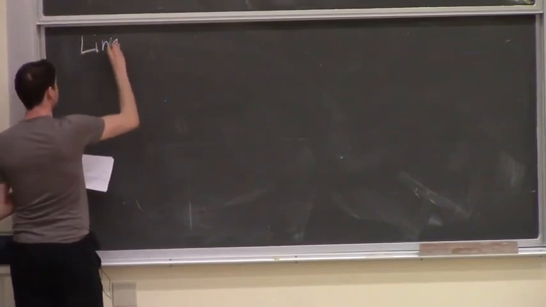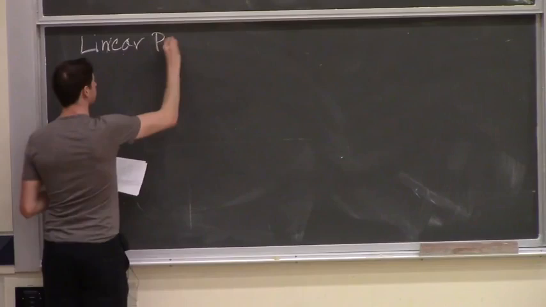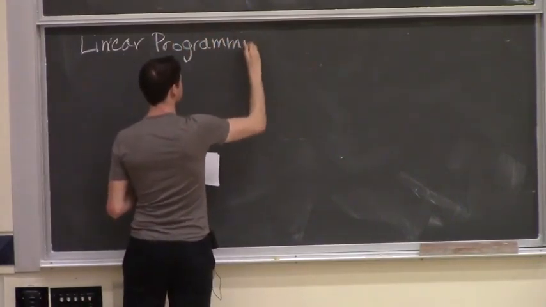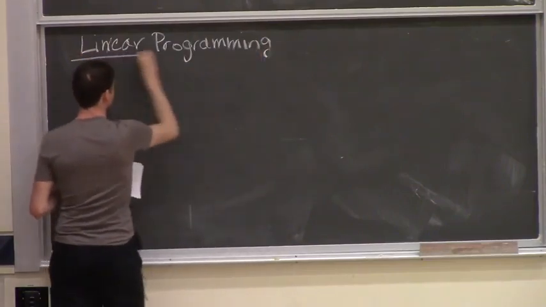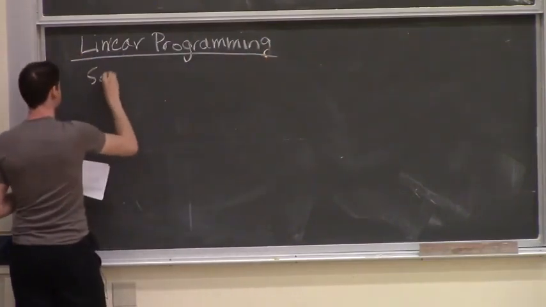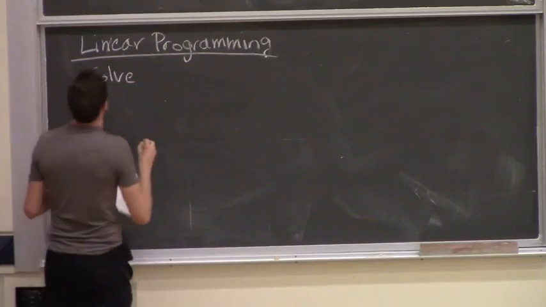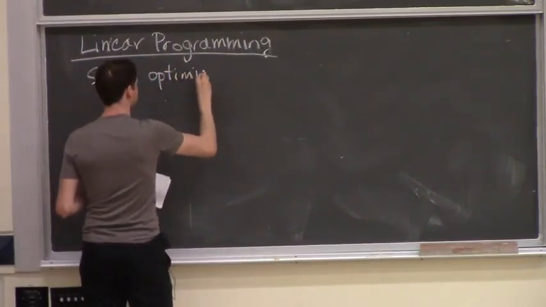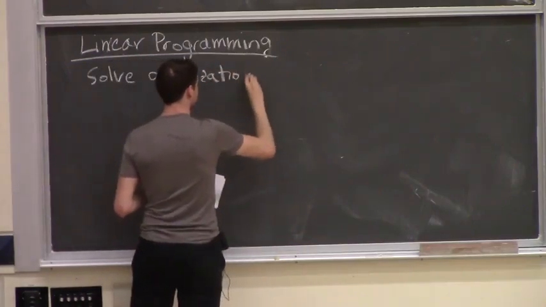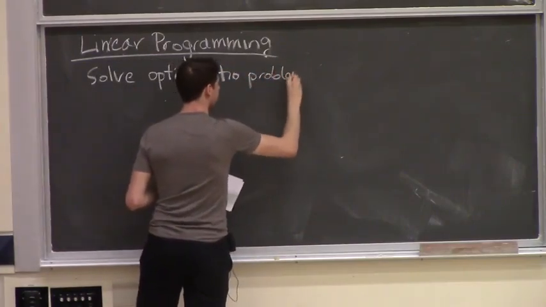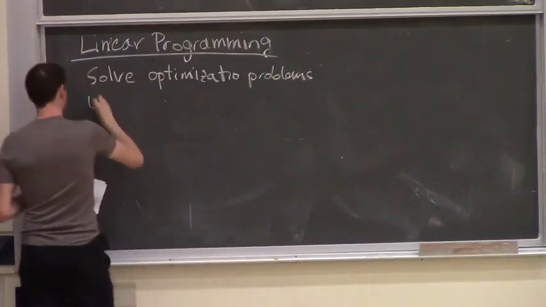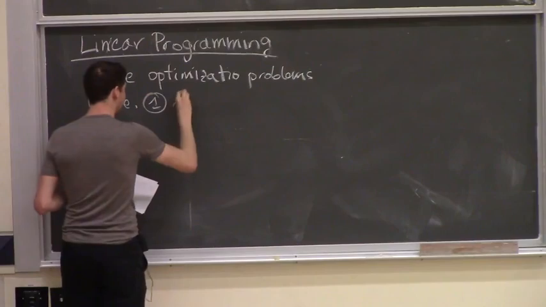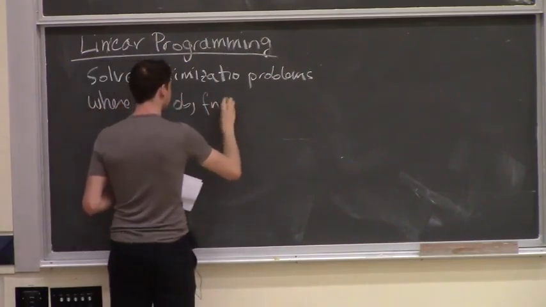In linear programming, we want to solve optimization problems where two things hold. One, the objective function is linear.